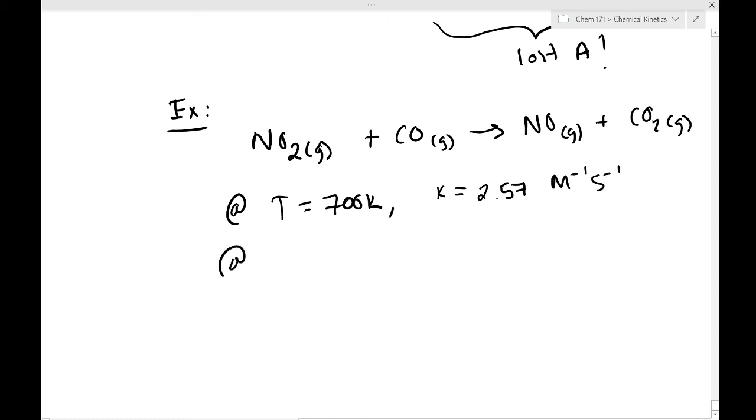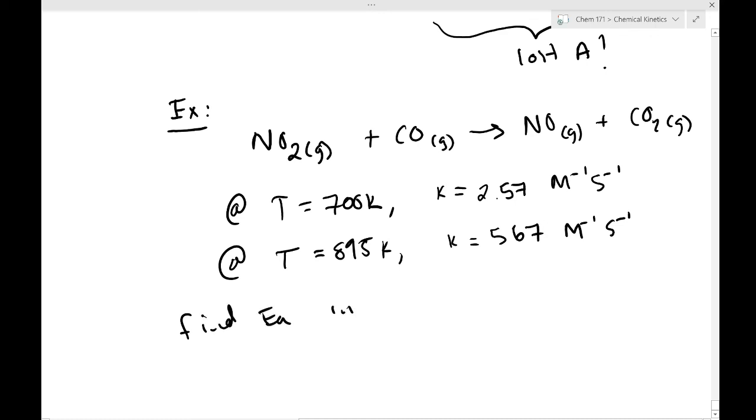At a temperature of 895 K, we measured a rate constant of 567 per molar per second. Okay. Now we want to find EA in kilojoules per mole.